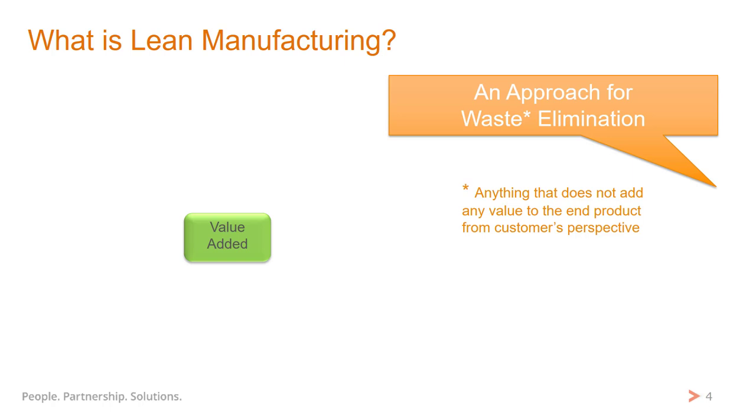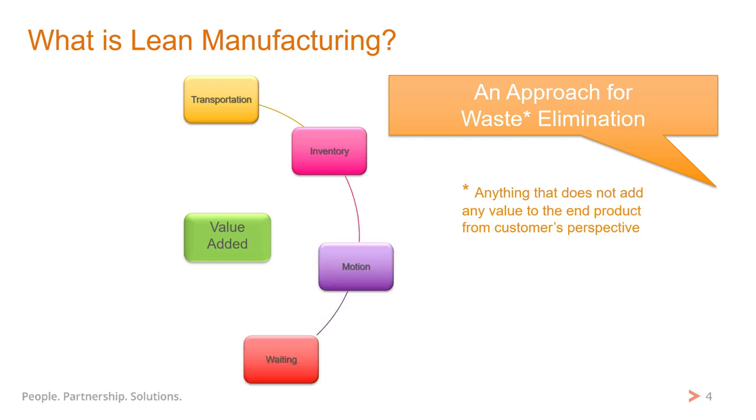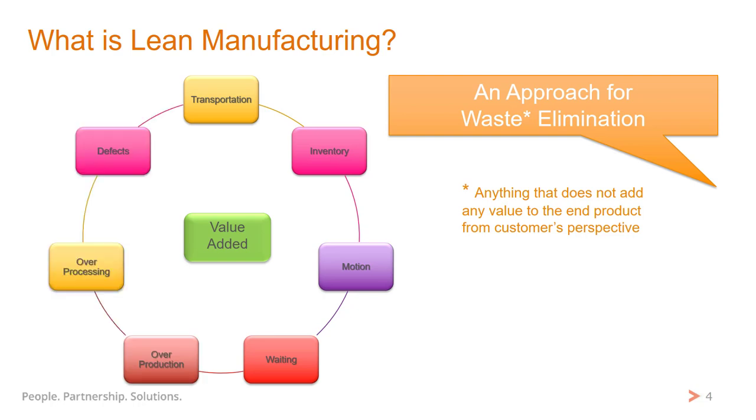But many of the things which are necessary to produce the finished goods don't necessarily add value to it. Whether it's transportation or inventory, movement not only of goods but of people, waiting time, overproduction, overprocessing, or defects, none of these actually add value as far as the end customer is concerned.